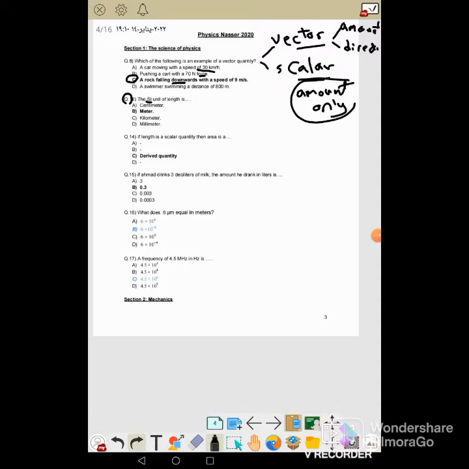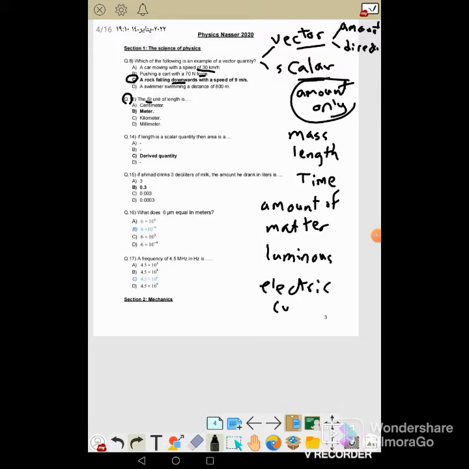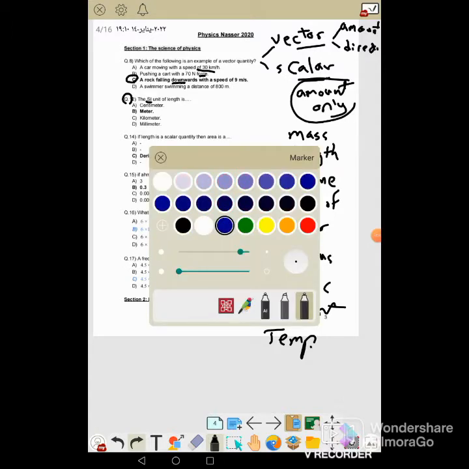Fundamental units are 7 units: mass, length, time, amount of matter, luminous, electric current, temperature. These are the fundamental units.